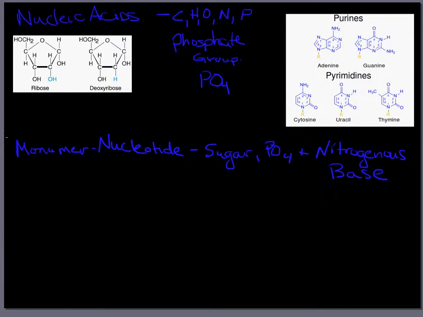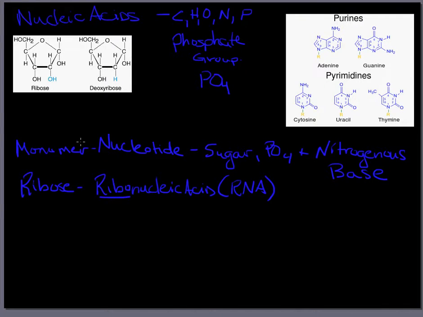We have two sugars. If we have ribose as the sugar, then we have ribonucleic acid, also known as RNA. Ribo coming from ribose.